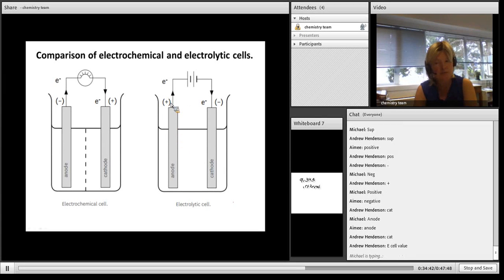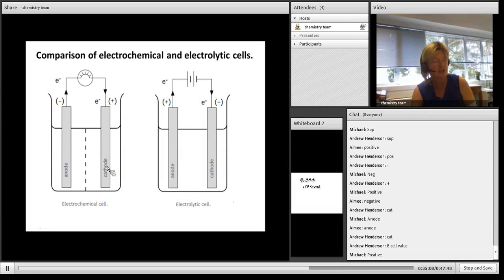The anode has to be connected to which side of the battery? The positive side. If this was connected to the negative side, it wouldn't be the anode anymore, it would be the cathode, and you'd have reduction happening here instead of oxidation. So whatever is connected to the positive side of the battery is the anode.